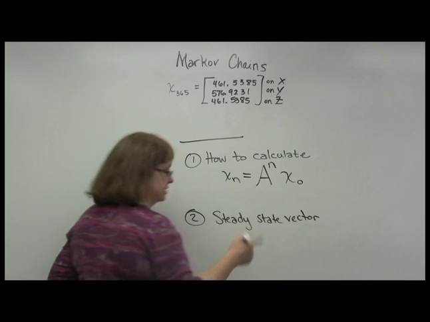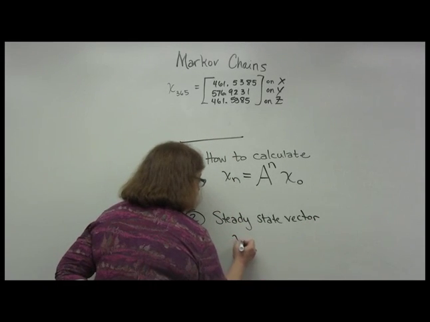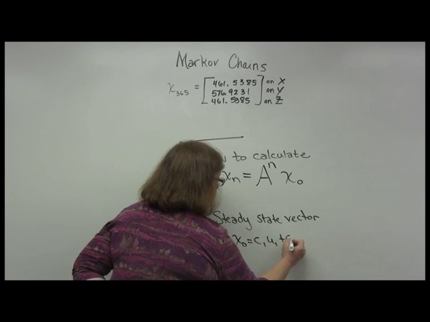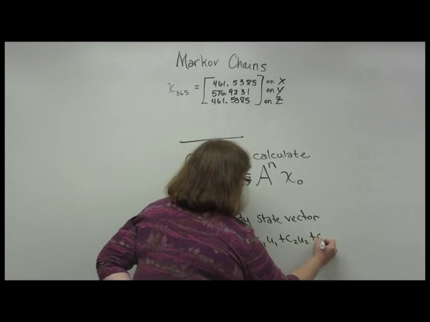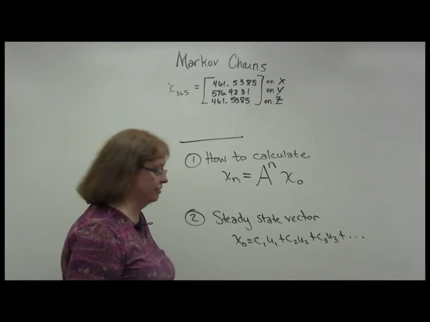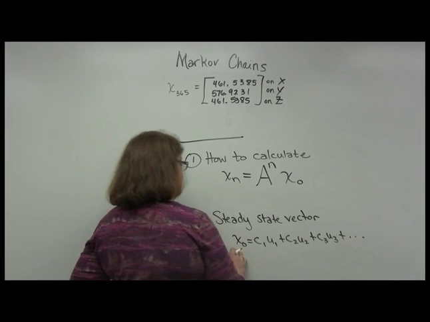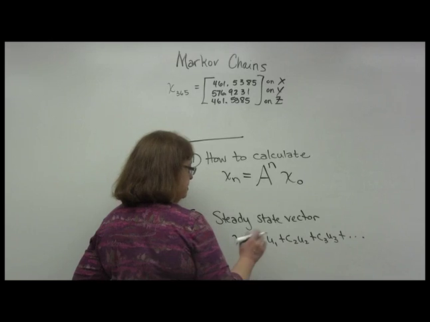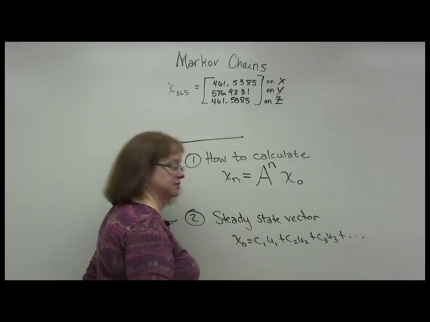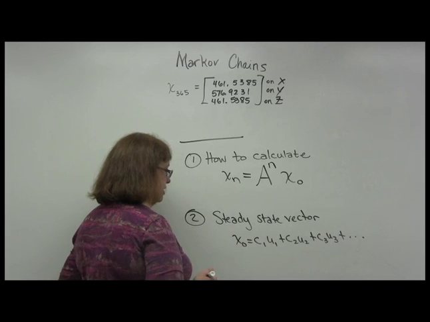And remember, there were two steps to that. We had to first find the constants, however many eigenvectors you have. So we had to find x sub 0 is c1u1 plus c2u2 plus c3u3, etc., however many eigenvectors you have.